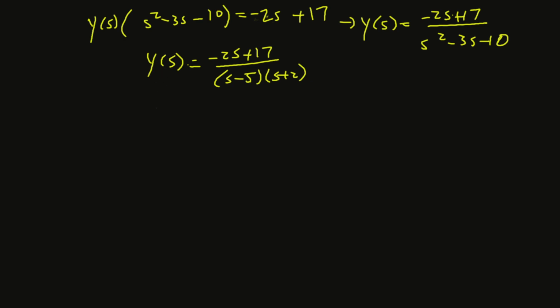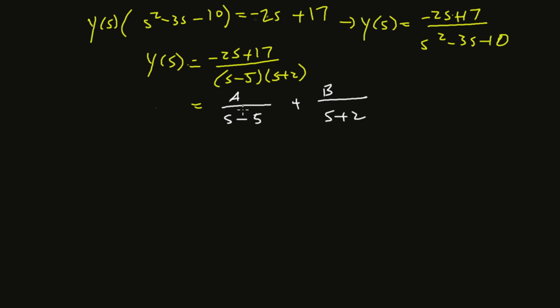Similar work, the Heaviside cover-up works on this, so you can do a over s minus 5 plus b over s plus 2. So I want you to practice that, cover one and do the other and see what values you get for a and b.